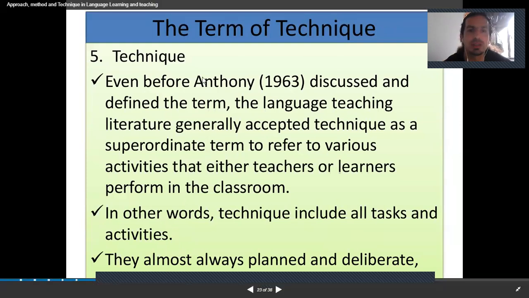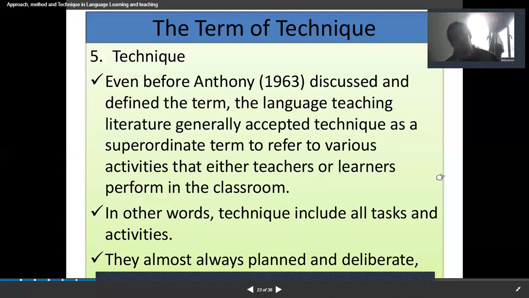If we see, for example, what Anthony 1963 says, the language teaching literature actually accepted technique as a superordinate term to refer to various activities that either teachers or learners perform in the classroom. That is going to be just a technique, right?